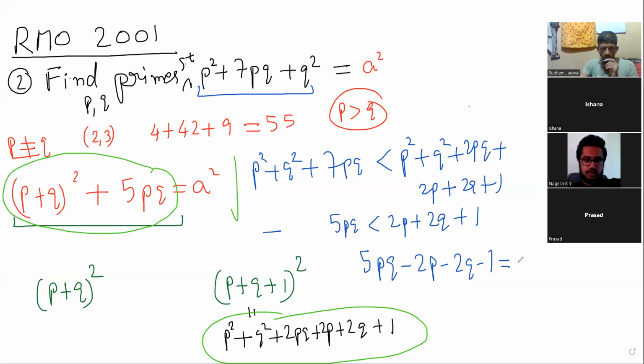This has to be equal to 0, right? If this is P plus Q plus 1 whole square, then this has to be equal to 0.